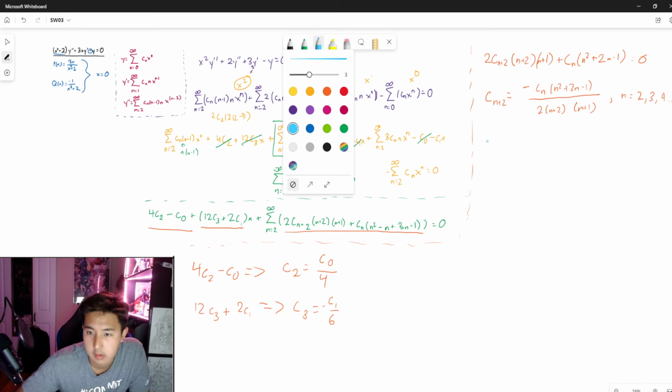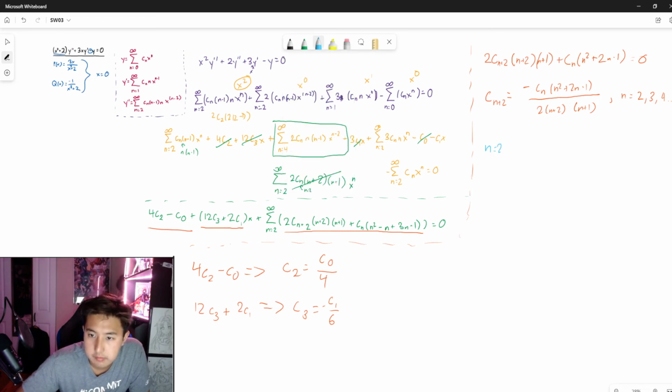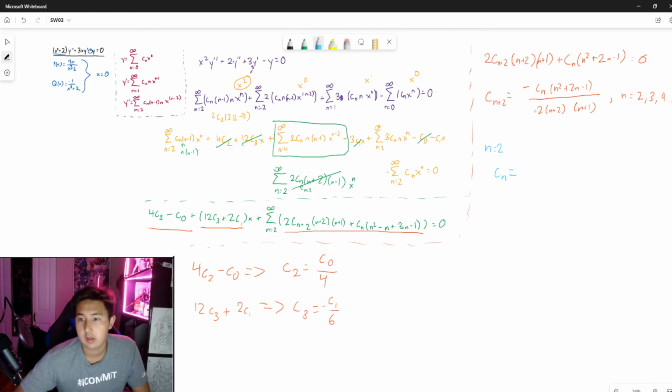All right, so for n equals 2, we have Cn equals, let's see, C2. If we plug in 2 here, we have 2 squared is 4, 4 plus 2 times 2 is 4, 4 plus 4 is 8, 8 minus 1 is 7, so minus 7 C2.